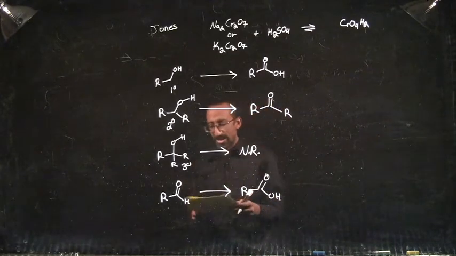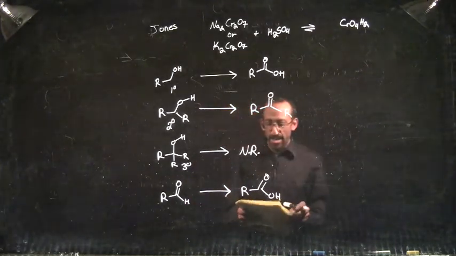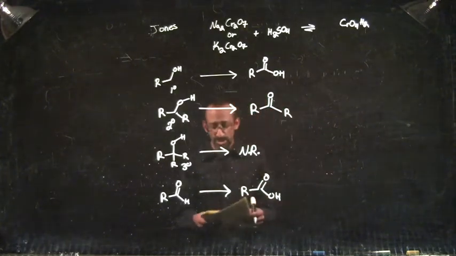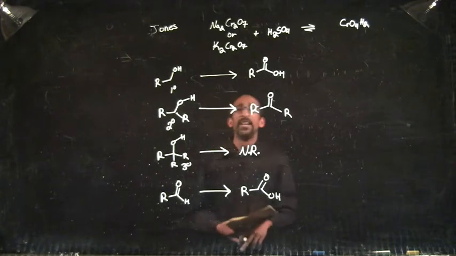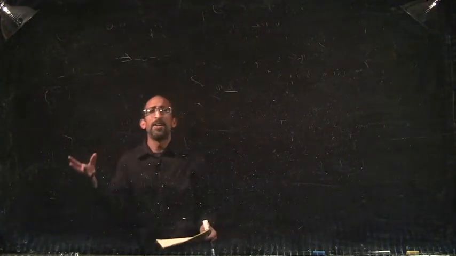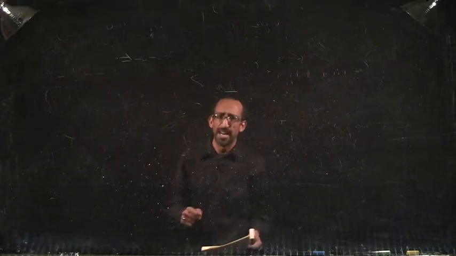What we're going to do is come back and look at a related oxidation known as the PCC oxidation, pyridinium chlorochromate, and for that one we are going to need to know the mechanism. So we saw just a moment ago that a Jones oxidation takes a primary alcohol all the way to the carboxylic acid.